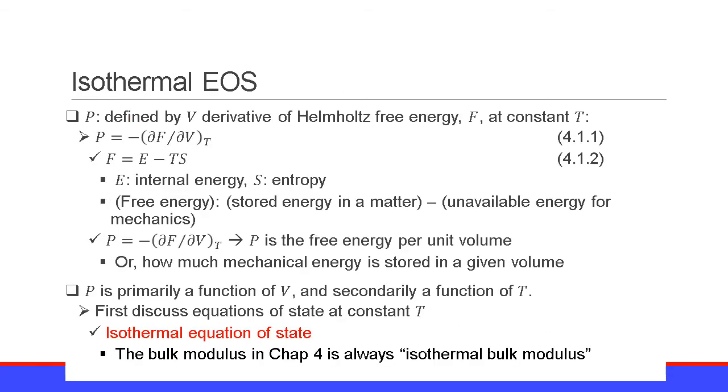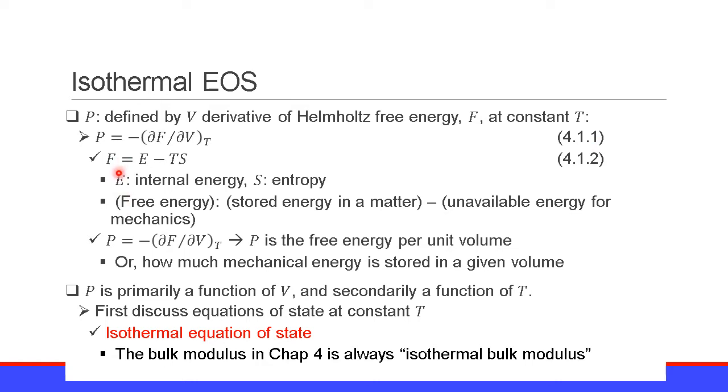Let us remember the thermodynamics. In thermodynamics, pressure P is defined by the volume derivative of the Helmholtz free energy F at constant temperature T. In equation, the pressure P is equal to minus the partial derivative of the Helmholtz free energy F with respect to the volume V at constant temperature T, Equation 4.1.1.